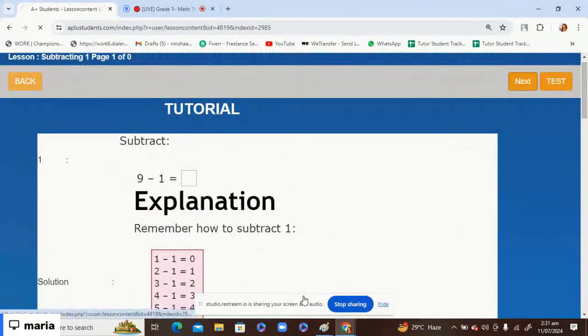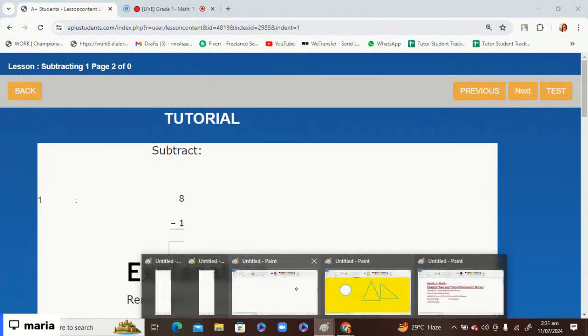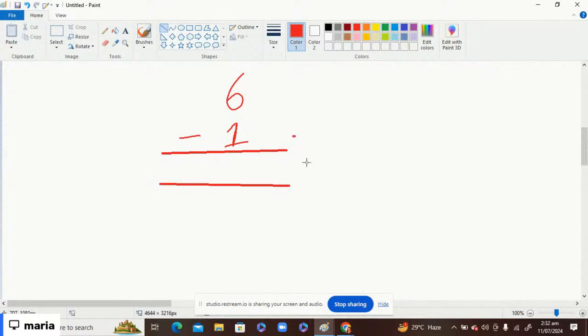It's all numbers subtracted from 1. Now for example, if I'm going to subtract 6 minus 1, what is the answer? First of all, we are going to draw how many lines? 6 lines. Let's draw it. One, 2, 3, 4, 5, and 6.